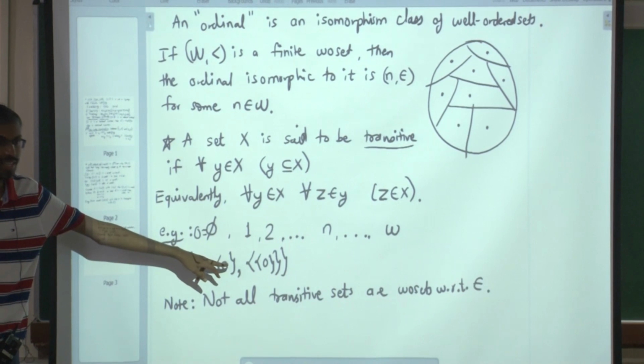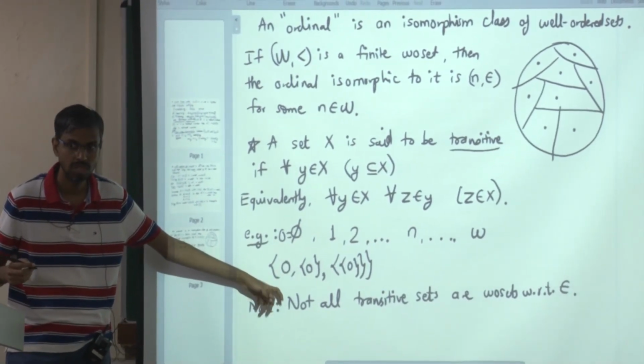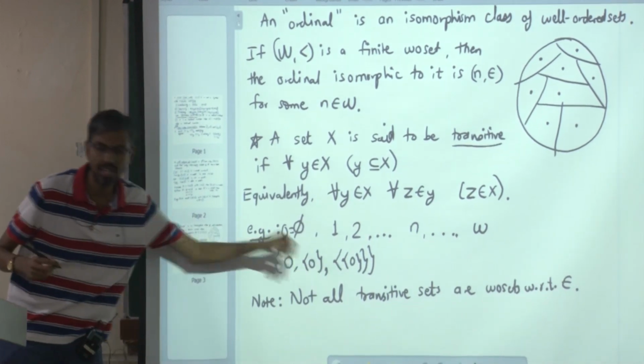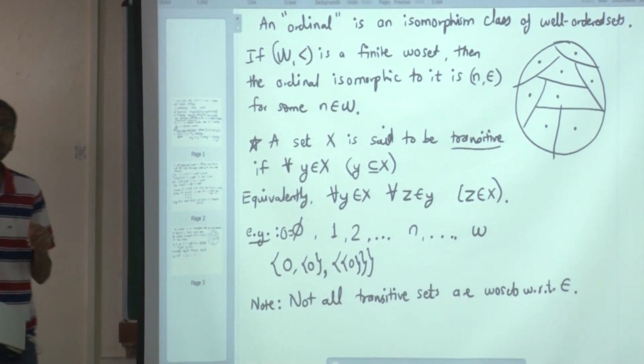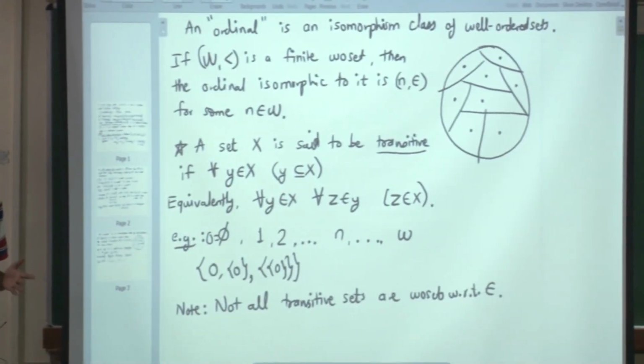In this particular set, if I choose 0 and singleton 0, then it is a non-empty subset. But does it have a least element?